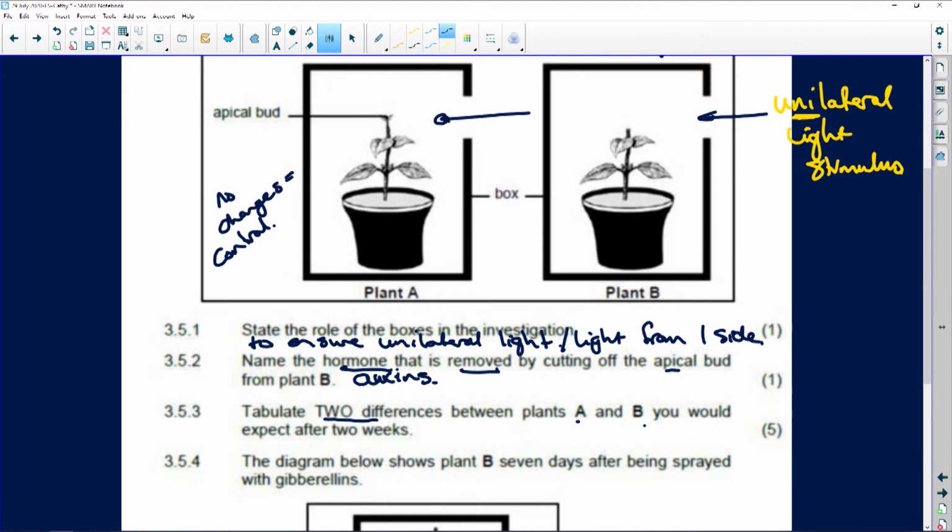So when they say the two differences, let's think. After 2 weeks, what's going to happen? This one is going to carry on growing up because it's still got its apical bud. It's going to have apical dominance.